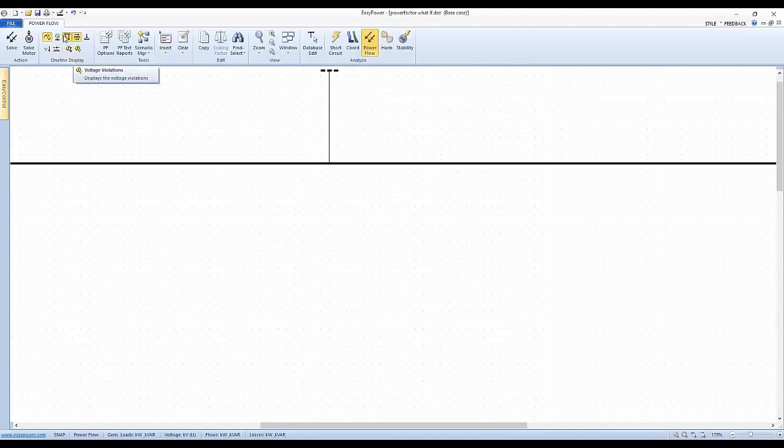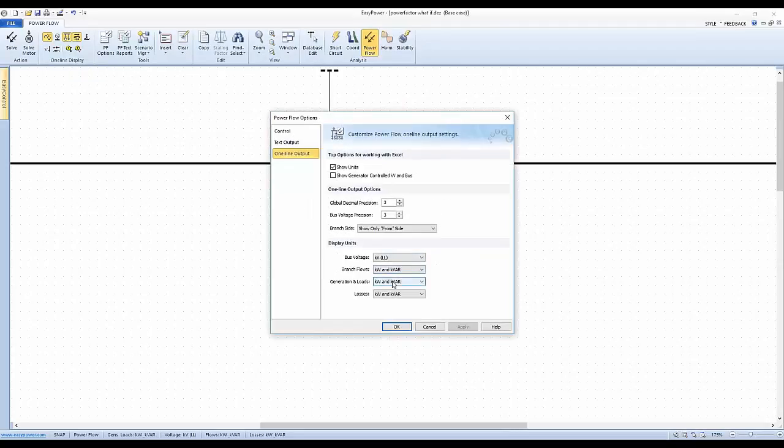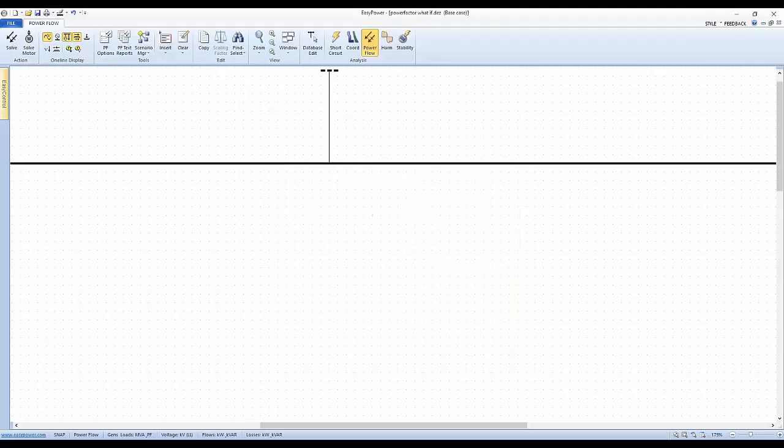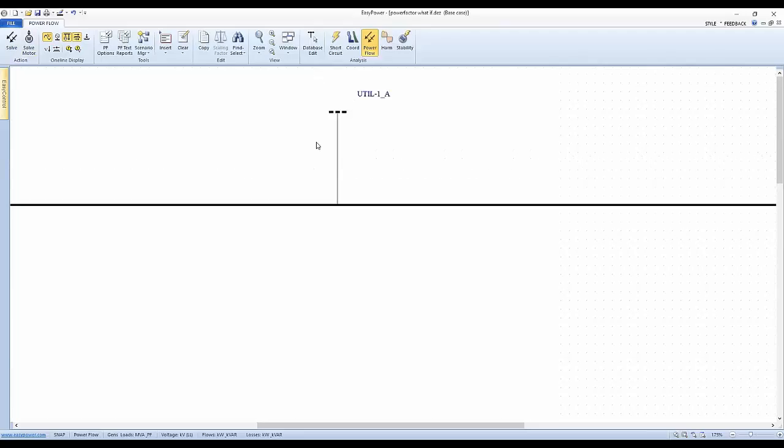I want to look at what's being generated on my load. So I want to look at my MVA and power factor, and I need to look at the branch flows.